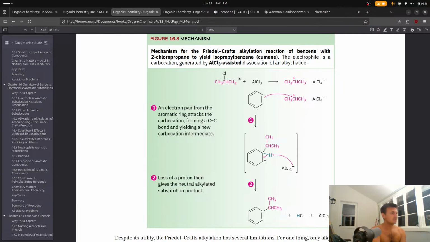All right, let's look at this mechanism. So we have RCl, which is going to be 2-chloropropane, plus AlCl3, forms a carbocation plus AlCl4 minus. Then our benzene ring attacks the carbocation.